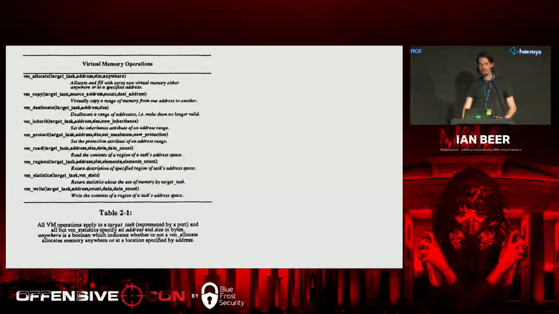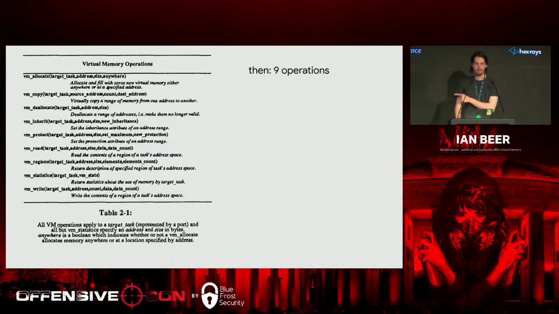So that paper in 1987 spelled out what at the time was the entire virtual memory interface. You had 9 methods, 9 different operations. And for any of you who've looked at iPhone stuff, these all look pretty familiar.